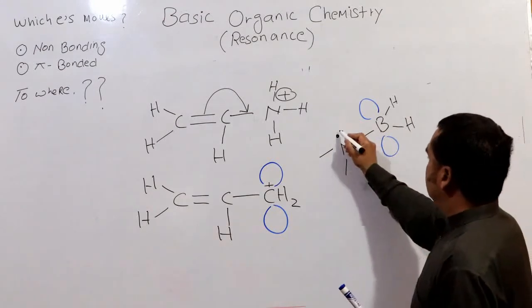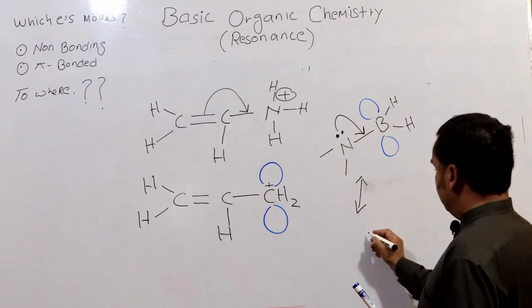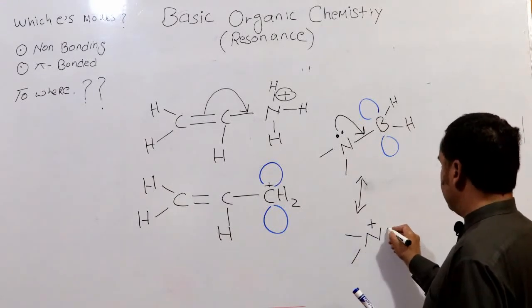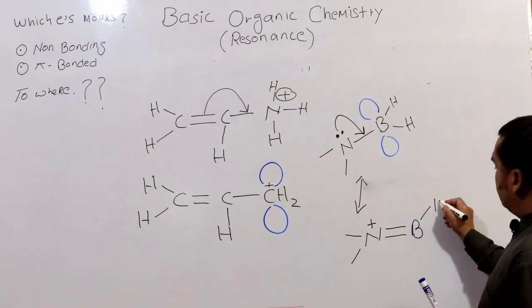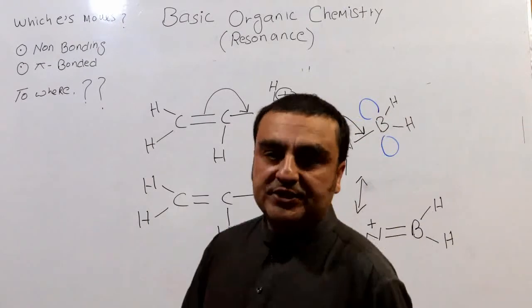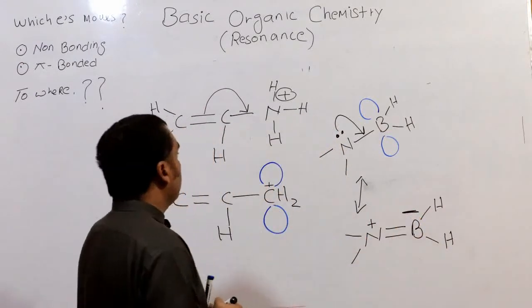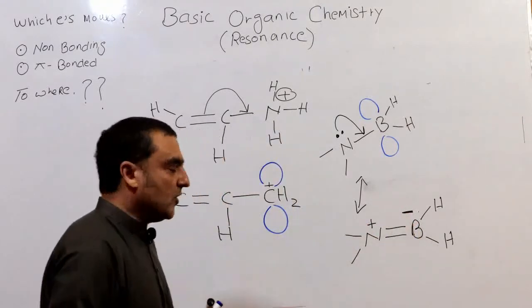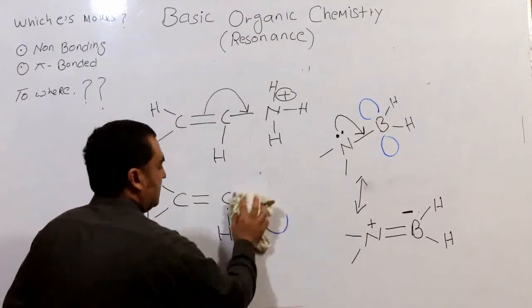Now these electrons come and sit here. What will happen? The nitrogen, because it was a neutral thing, will acquire a positive charge, a double bond is produced here, but another thing happens, that is the boron will acquire a negative charge. But remember, I am not writing any lone pair or non-bonding electron on the boron. So why? It will be clear to you with this example.